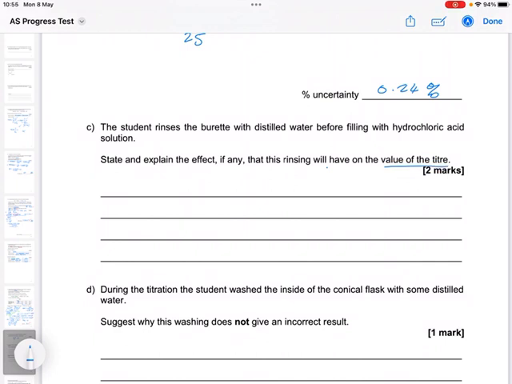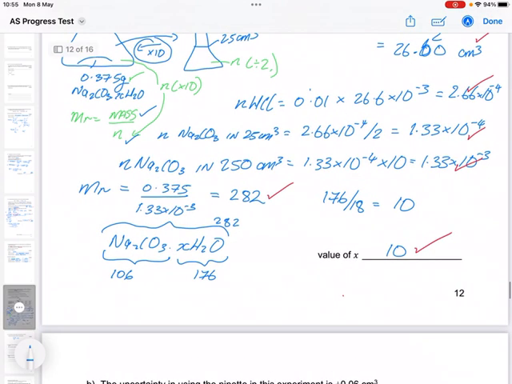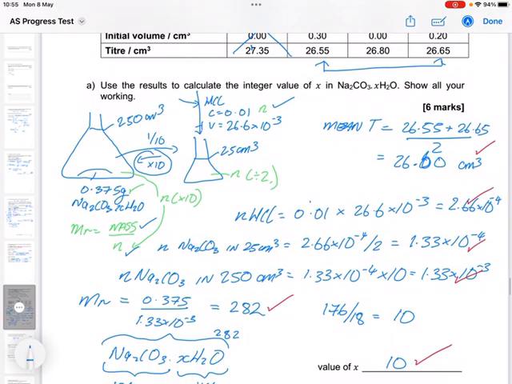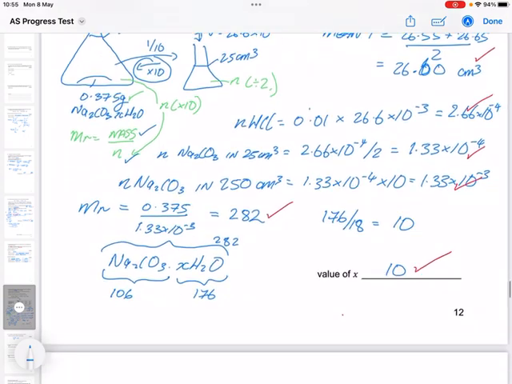So let's just go back to this bit here. So if I've rinsed this with water, there will be drops of water still in there when I fill it up with my hydrochloric acid, which means my hydrochloric acid will be dilute. So because it is more dilute than the 0.01 that we think it is, the volume that you would need to add to get the same number of moles to neutralise the sodium carbonate would be greater.